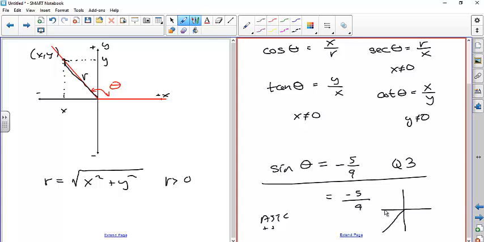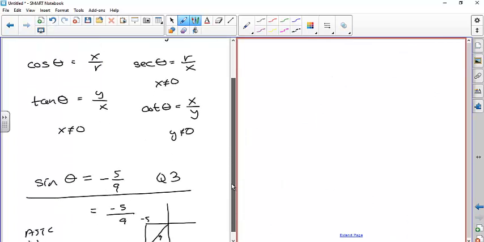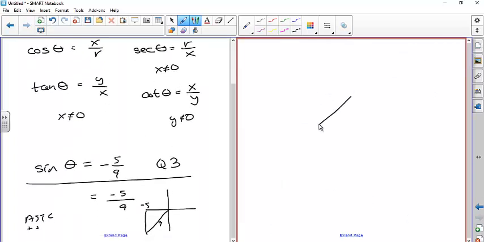This is going to be negative 5, and this distance is 9. So we can then take this triangle that we have in the third quadrant, and the angle is this angle. Okay, so that's the angle.